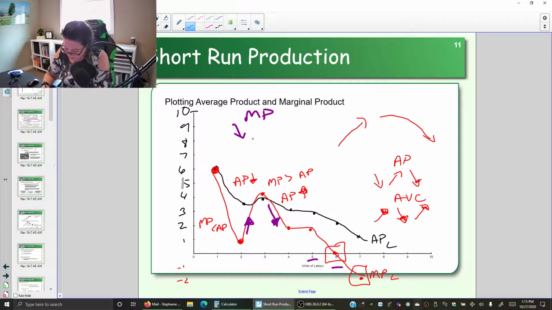Then when we hired the third person, we started divvying up the jobs. We had one person fold once, one person fold a second time, a third person staple. So we start to see those divisions of labor allow each additional worker to add more than the person before. Then as we added the fourth worker, we gave the fourth worker a job similar to someone else.